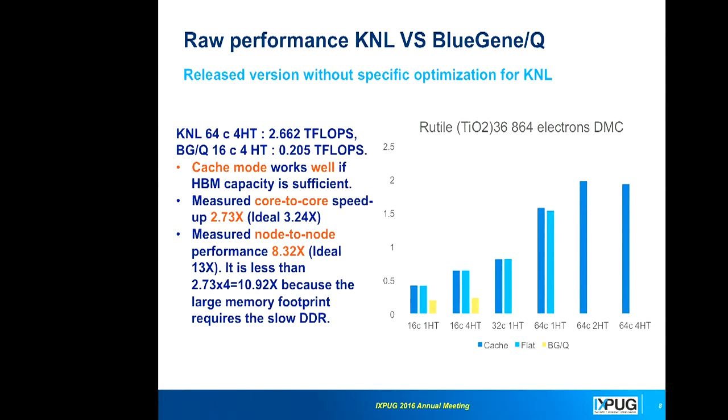As I increase the number of workers, the memory footprint gets larger, and clearly it goes out of the HBM. For this reason, I cannot directly run the flat mode and shuffle the data into the HBM. So for the memory issue, we are now limited by the bandwidth, and we didn't get the projected performance number.